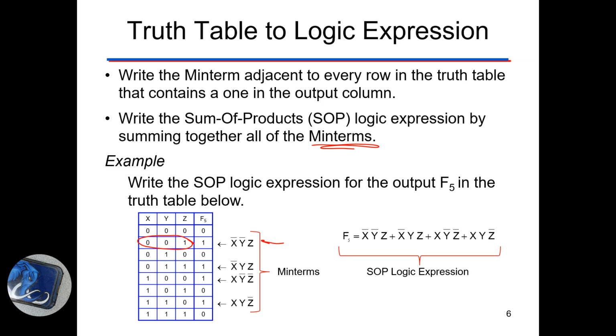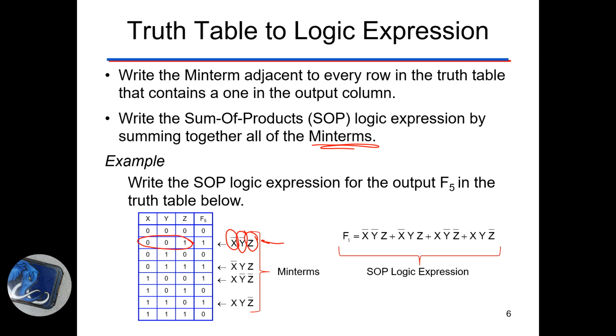So in this case, 0 for X gives you an X naught, 0 for Y gives you a Y naught, and 1 for Z gives you just Z. So anywhere there's a 0, you get a bar over it, and anywhere there's a 1, it's just that letter. Y'all understand that? Following me so far?